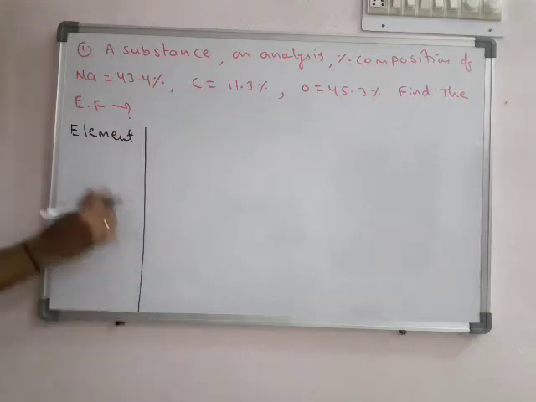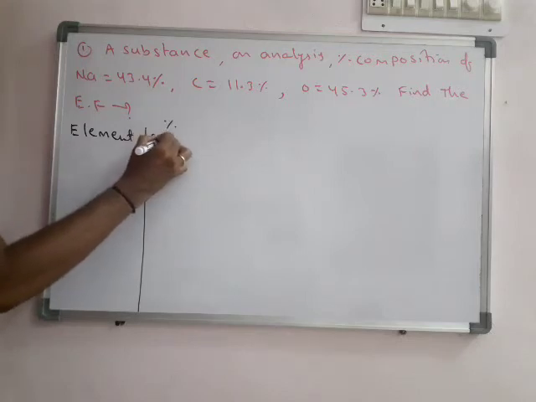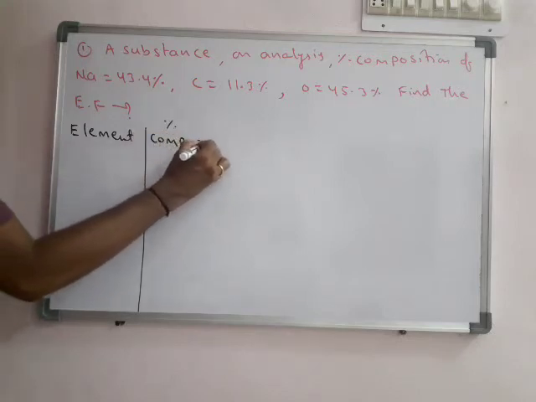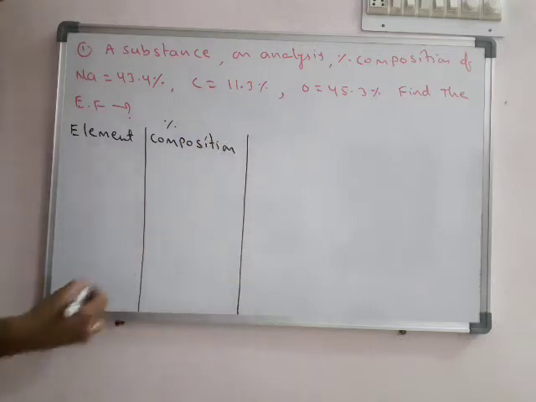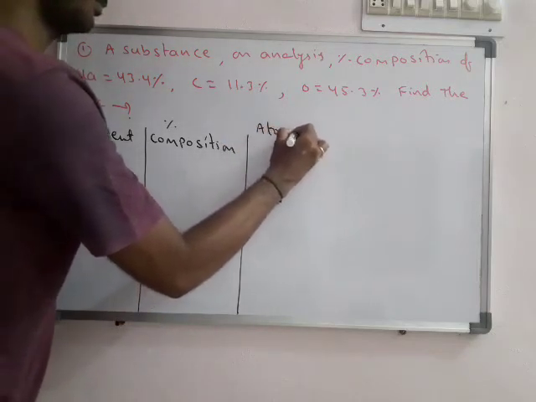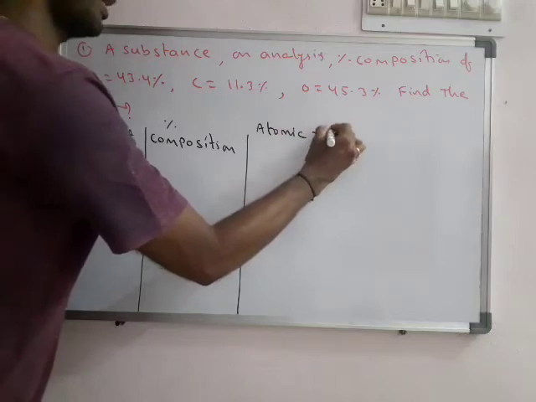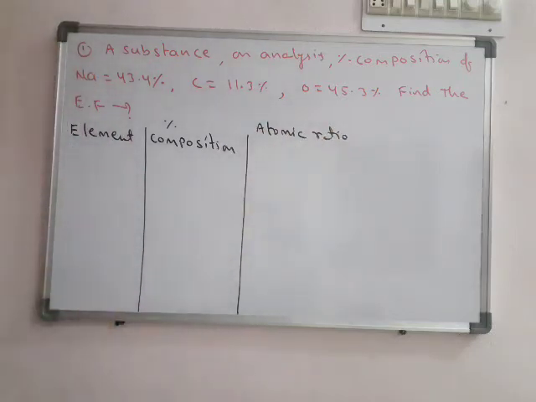Okay, first write the element. Next we need to write the percentage composition. Listen carefully, it's a very important problem. Next we need to get the atomic ratio. How to get this atomic ratio?